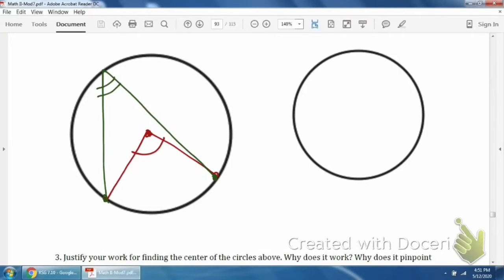So this angle, this green angle, is inscribed in the circle because all 3 points of it are on the circle. So in other words, it's kind of like inside of the circle. It's inscribed inside of it. The red one is a central angle because the angle goes to the center of the circle.